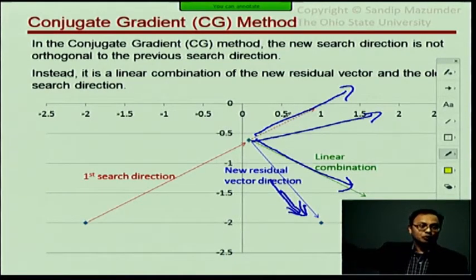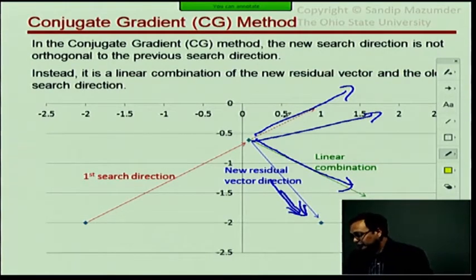There's a good geometric explanation for why that works and why that's such an ingenious idea, but we're not going to get into the details there. You are welcome to look up his paper. This is the basic idea: the new search direction should be a linear combination of the old direction and the predicted new direction, or the residual.